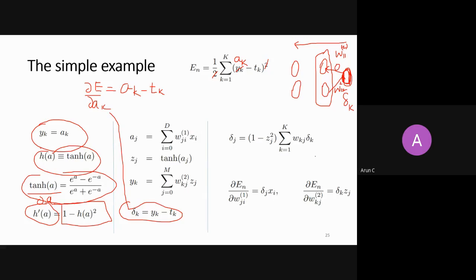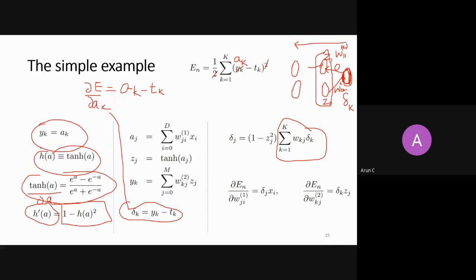So you are multiplying this delta k with the wk, summing them from all the paths, and then you are multiplying your derivative. The derivative for this node is Z1, and for this node it is Z2.